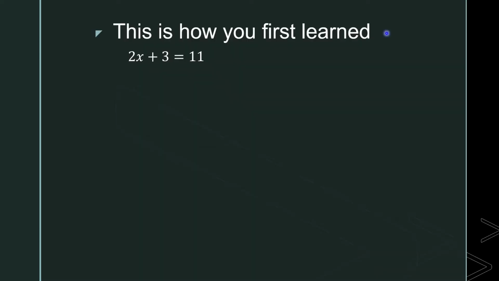So let's first start with the basics. An equation has one and only one equal sign. It means two sides are balanced. So this is one side we call the left-hand side, and this is the other side we call the right-hand side, and they are equal.